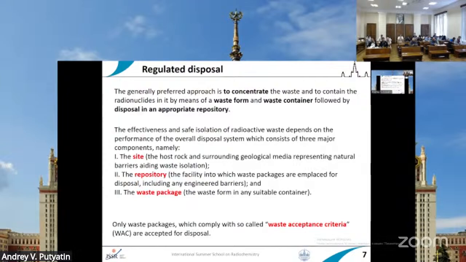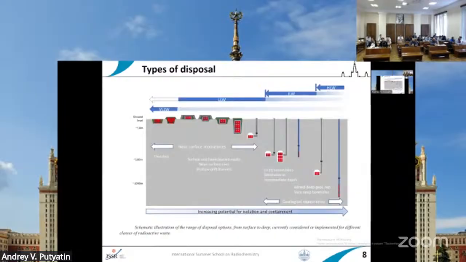So if they prove with documents that there is no possibility that these materials are in the radioactive waste, then they can avoid this chemical analysis, and this waste package will comply with the waste acceptance criteria. So it is one way.